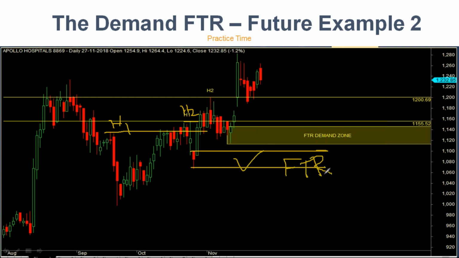Very perfect, friends. That is also an FTR. An FTR above an FTR. Is there another FTR below? No. Is that clear? That is also an FTR only. It's not just a zone. Clear?